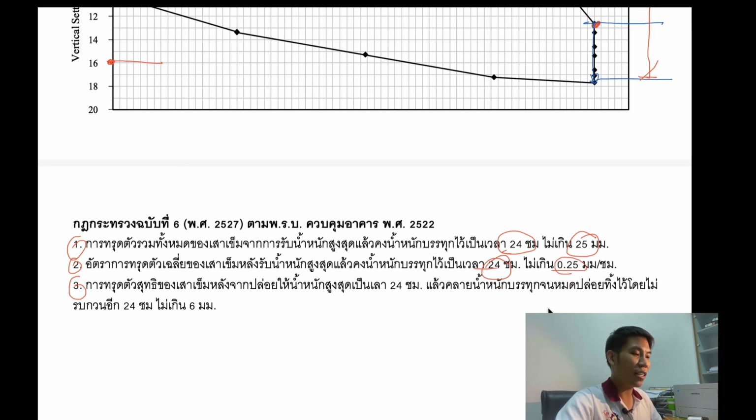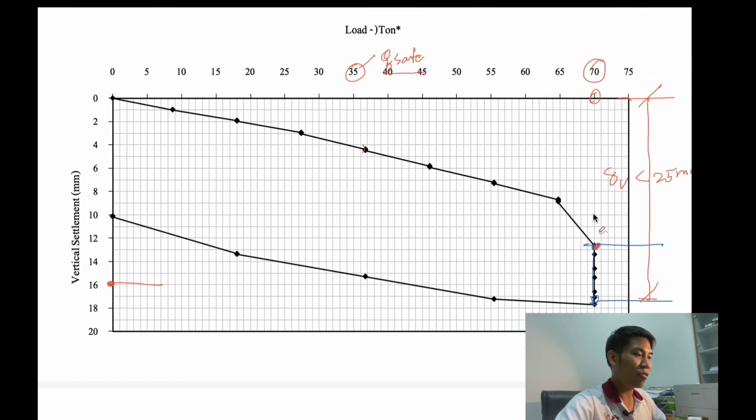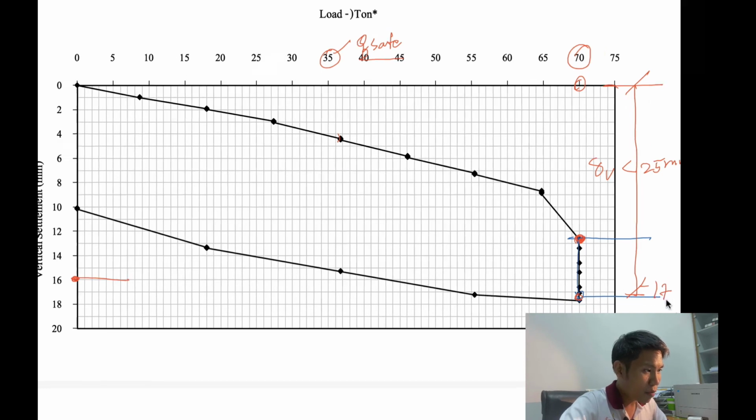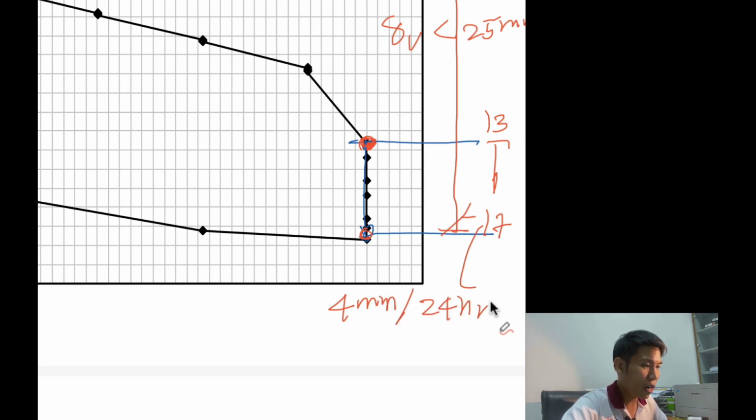And the second one is that after you maintain the load at 24 hours, the rate of settlement should not be more than 0.25 millimeter per hour. So you can see it here. After you maintain the load, it goes from this to that one. This one is about 17, and this one is about how much? It's about 13. So that means the pile movement at this level is about 4 millimeter per 24 hours.